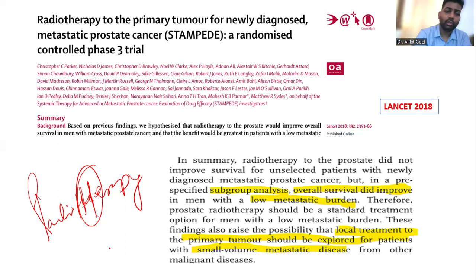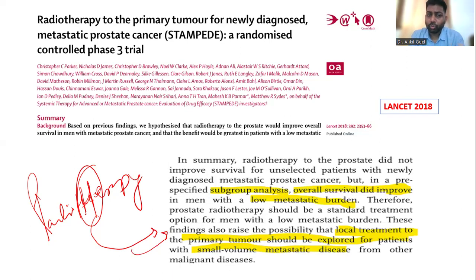But if you consider only a subgroup of the patients, like oligometastatic or low volume metastatic, this subgroup analysis of the Stampede has found radiotherapy to be useful for the treatment of the primary tumor in low volume mets. So Stampede included non-metastatic, metastatic, and even recurrent tumors. But the subgroup analysis determined that it was only the radiotherapy to the primary tumor in small volume metastasis that was significant. Otherwise, there was no significant benefit.